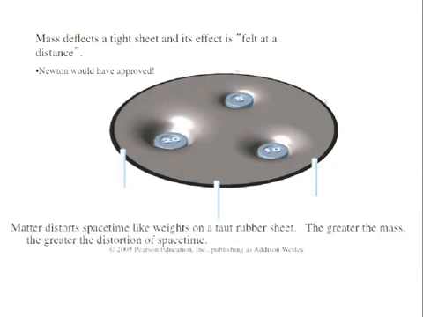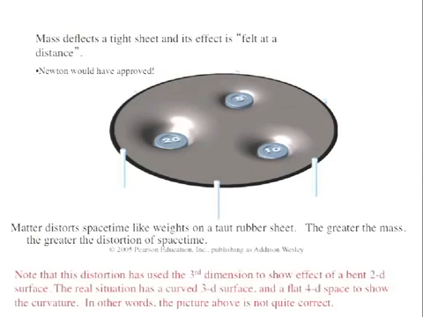Now, the idea is that matter distorts space-time like weights on a taut rubber sheet. The greater the mass, the greater the distortion of space-time. That's what you have to remember. But remember, the curvature of space-time is not the same as the curvature of a two-dimensional surface into a three-dimensional space.